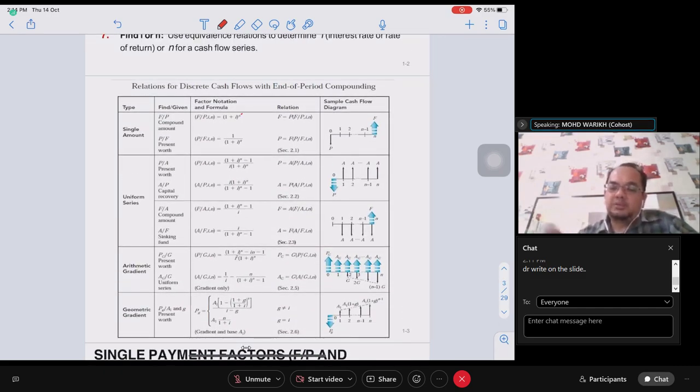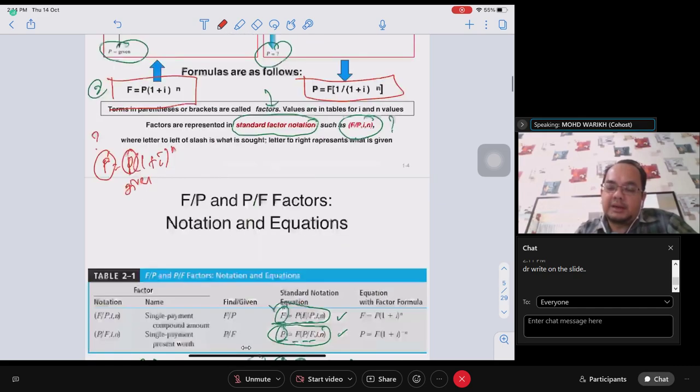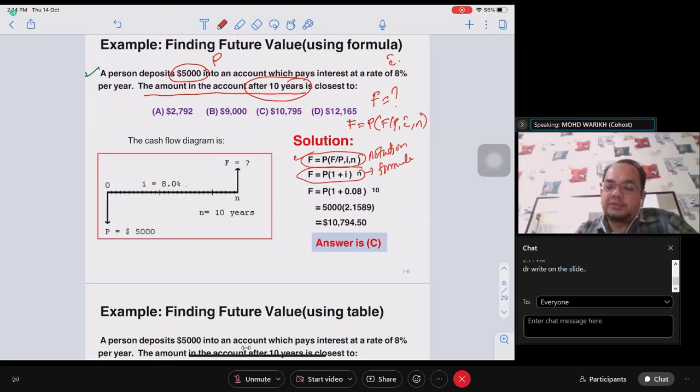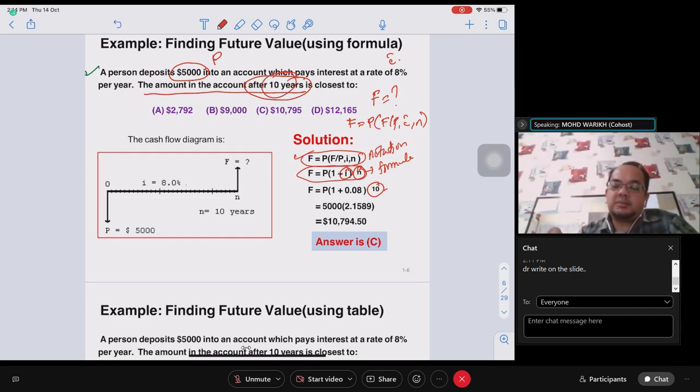If you're using the formula, you just put it in the formula: F equals P times 1 plus I, where I is the interest, 0.08, to the power of 10, which is N, because it is after 10 years. After you do the calculation, you will get this. So this one is using the formula, and this is a very simple question.